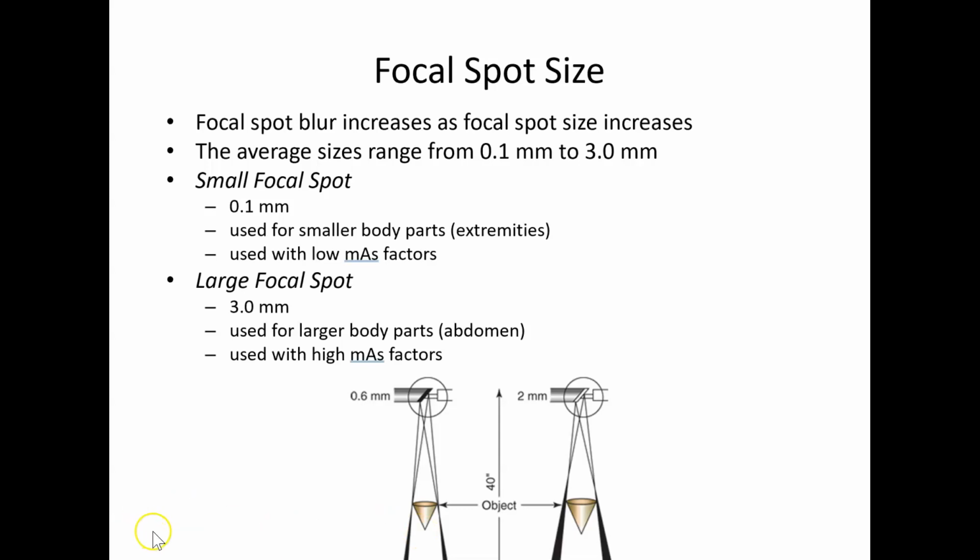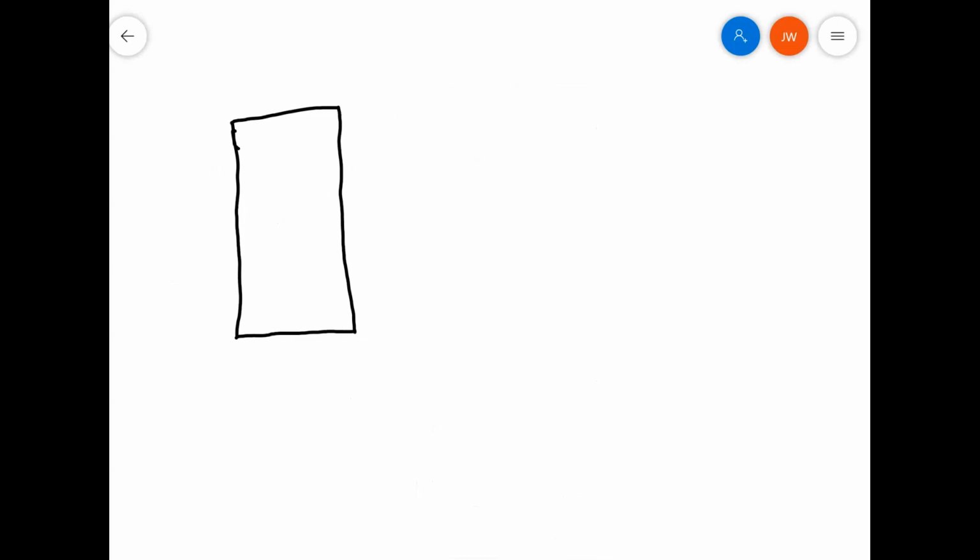So let me demonstrate a little something about the focal spot size. Okay, so I have drawn a rectangle, and let's assume that is the actual focal spot in the X-ray tube. But we need to remember this is looking at it straight on, and the anode, you remember, is angled.